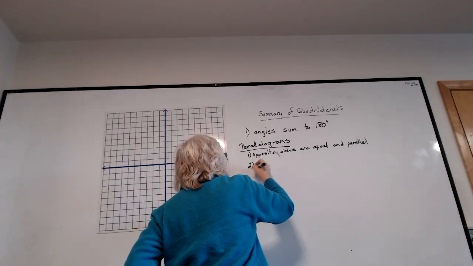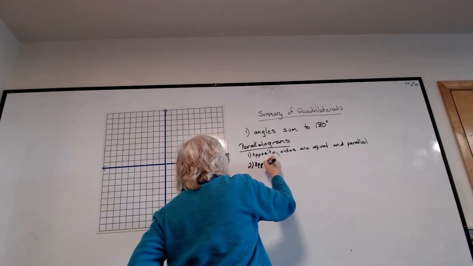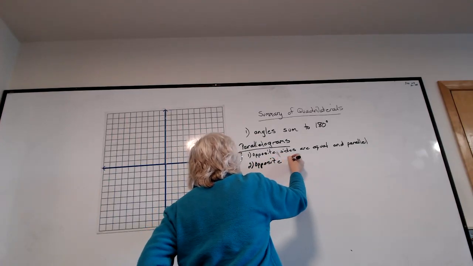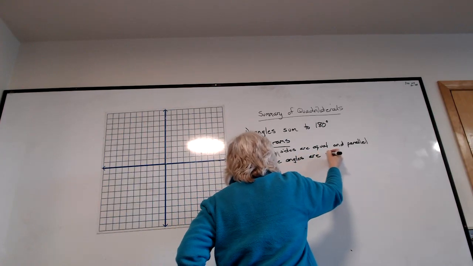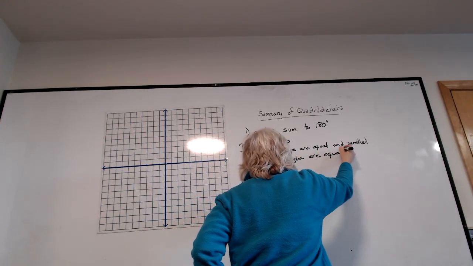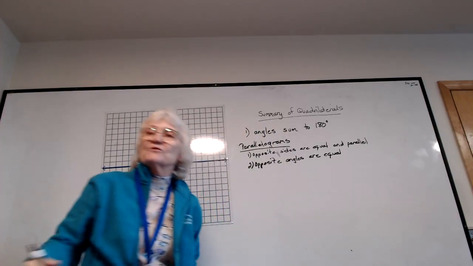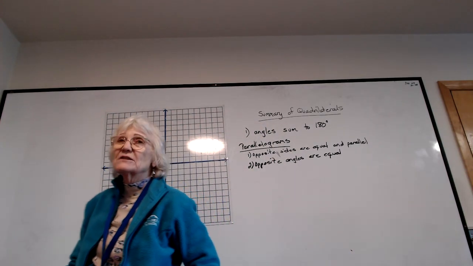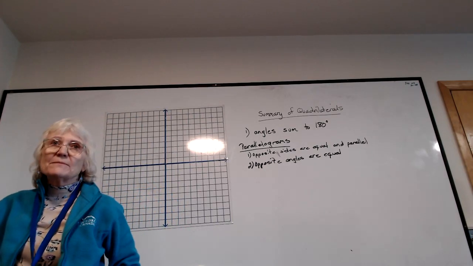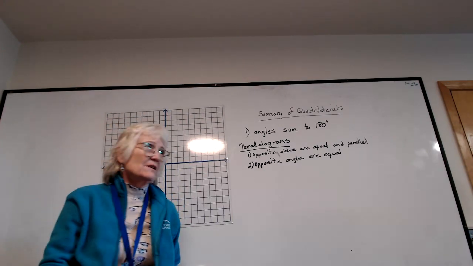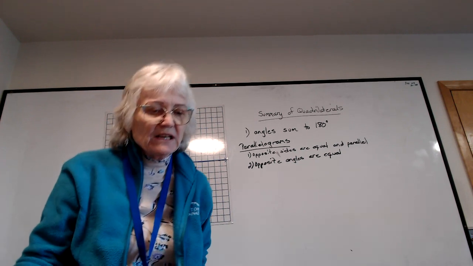Okay. Two opposite angles are equal. So if it's a parallelogram, that's true of a rectangle, that's true of a square, because they are also parallelograms. It's also true of a rhombus, because a rhombus is also a parallelogram. So all those fit into there.